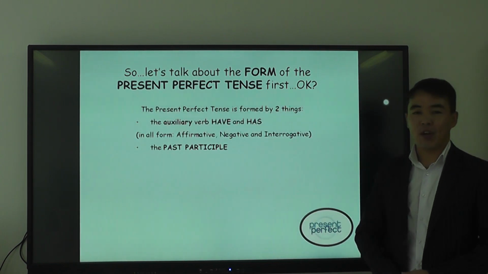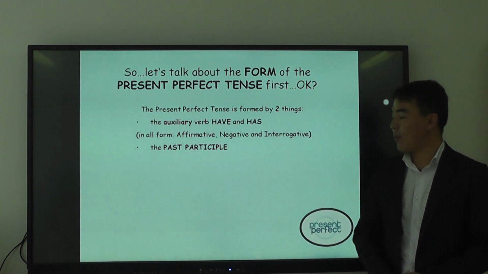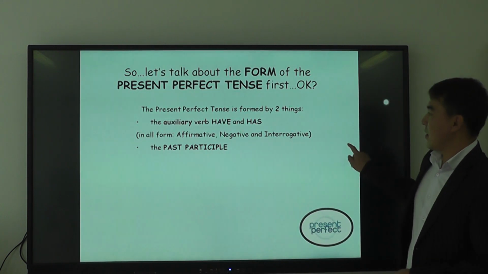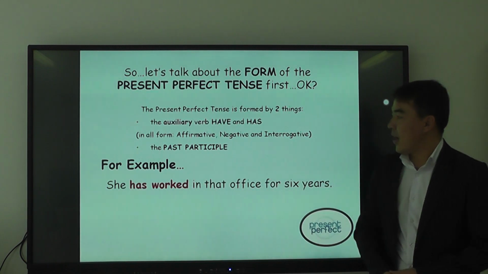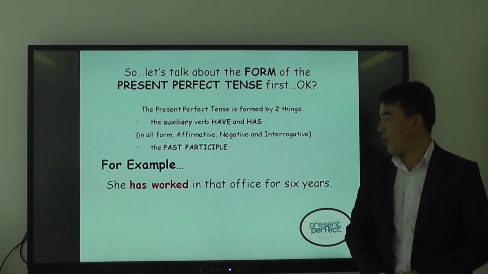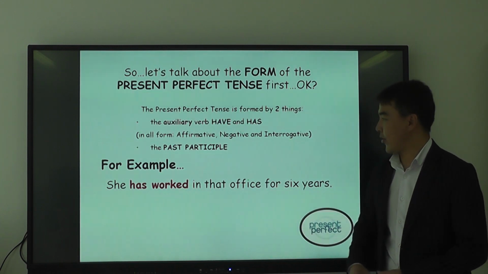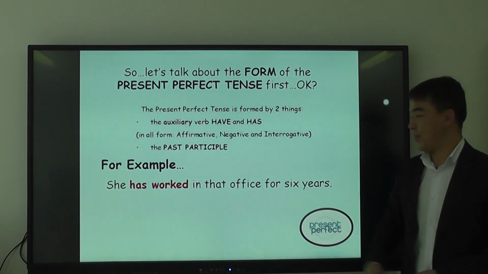The present perfect tense is formed by two things, the auxiliary verb have or has, for example, in all forms, affirmative, negative, and interrogative, plus the past participle. For example, she has worked in that office for 6 years.